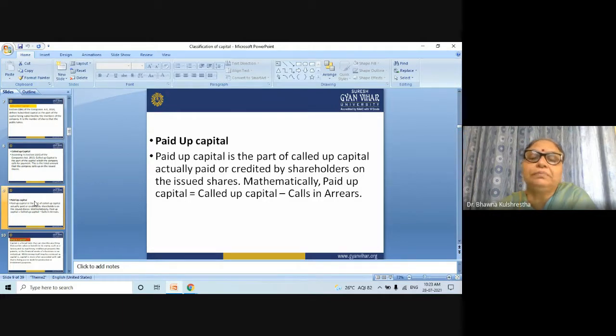The paid up capital represents the money that the company has not borrowed. Also, it is the total amount that the company receives from shareholders in exchange for shares of stock. These are the capitals.